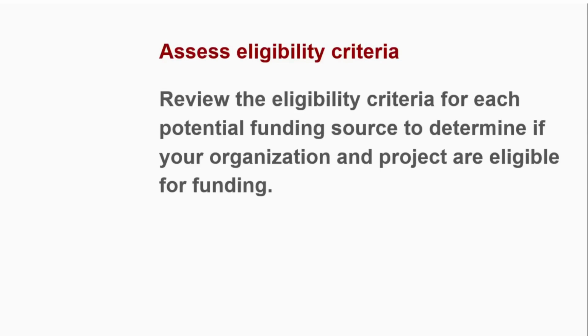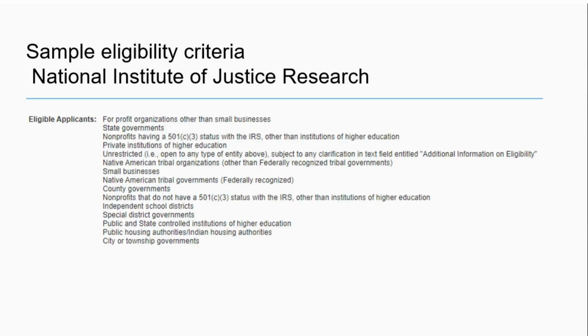Let us look at a sample of what we mean by eligibility criteria. This is a grant offered by the National Institute of Justice Research. The eligibility is as follows. If you are a for-profit organization other than small businesses, you can apply. If you are a state government, you can also apply.